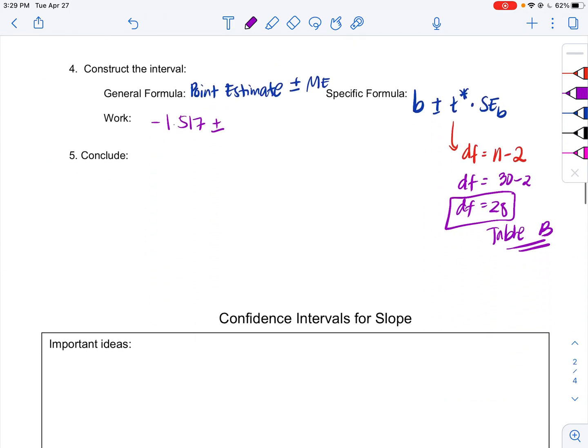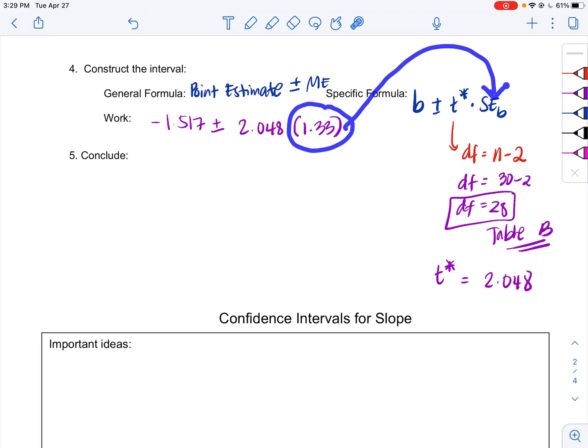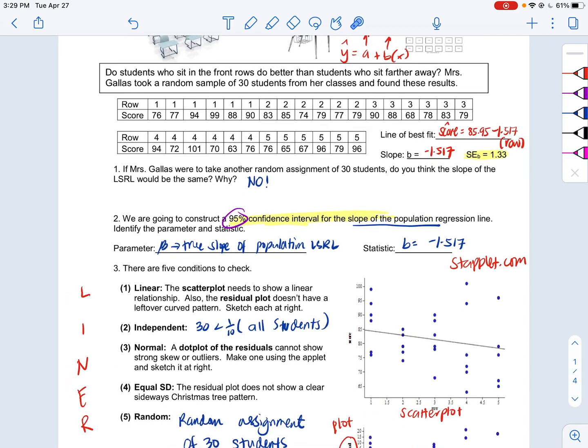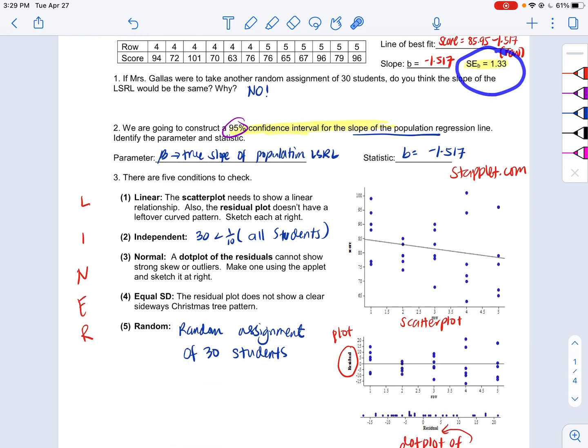Hopefully when you look at your table B, your t star would be 2.048. So that's negative 1.517 plus and minus 2.048 times 1.33. I got the 1.33 from the standard error of the slope, which was given right here when I started the problem.